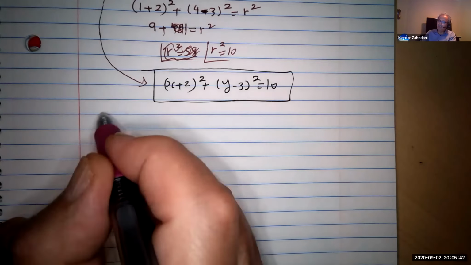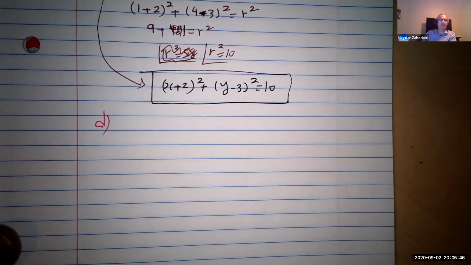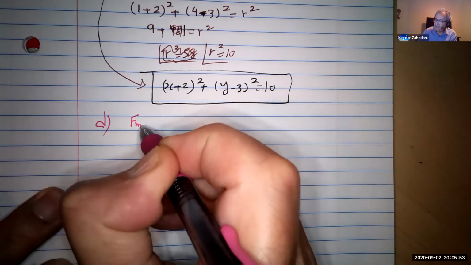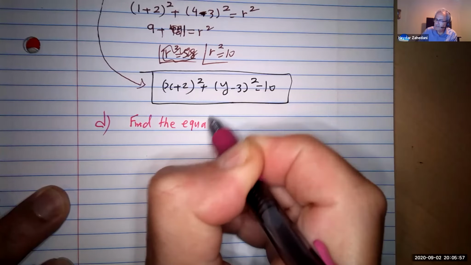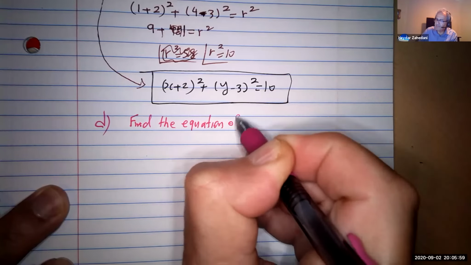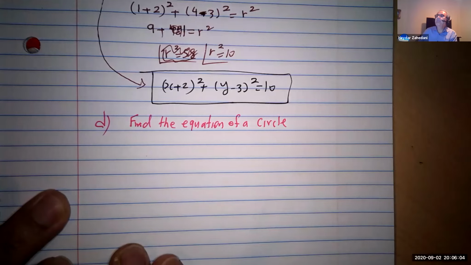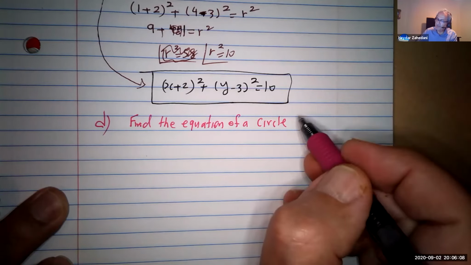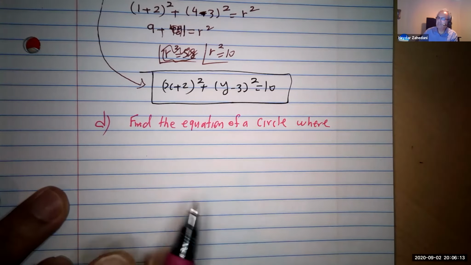So what's part D? Remember, in part D, 2 end points of a diameter are given. You want to find the equation of a circle. Okay, so find the equation of a circle with endpoints of a diameter, where we have 2 points.